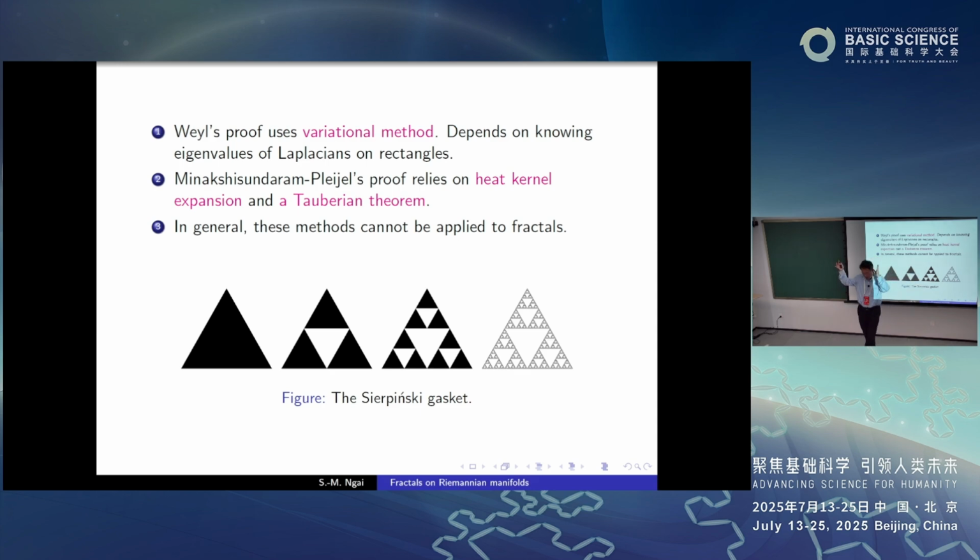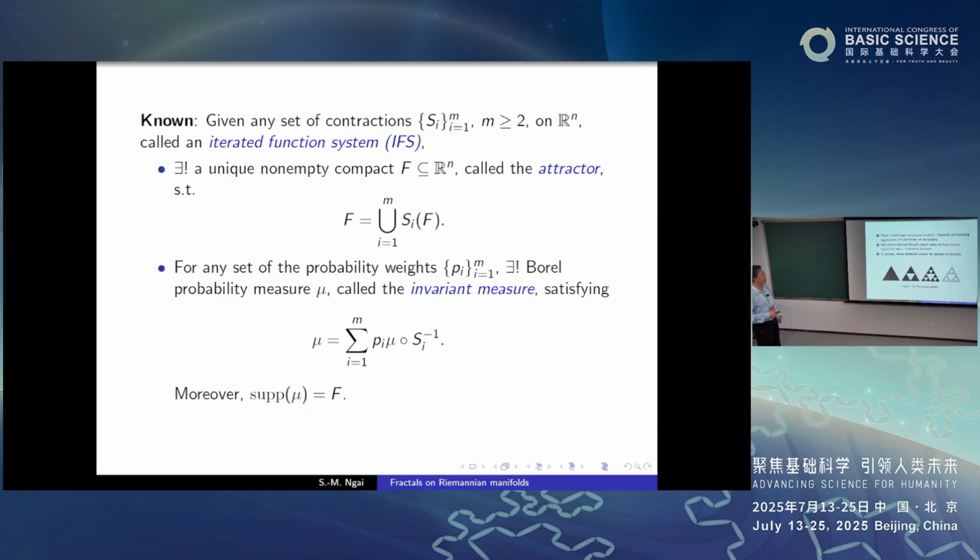We know that the intersection is non-empty, and the intersection is the Sierpinski gasket. This is one way to generate a fractal, but there's a more general way to generate fractal sets, which I will explain first. Fractal sets are usually generated by iterated function systems.